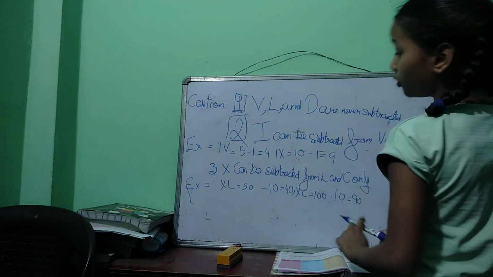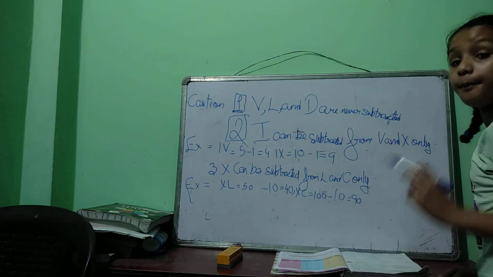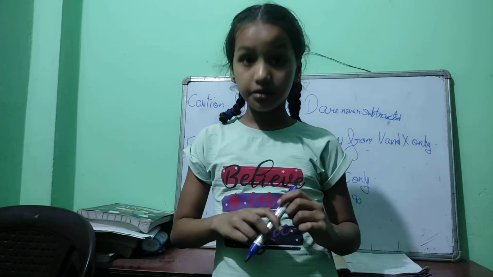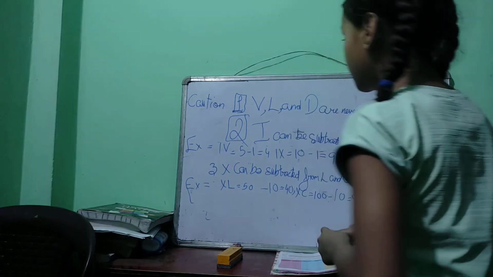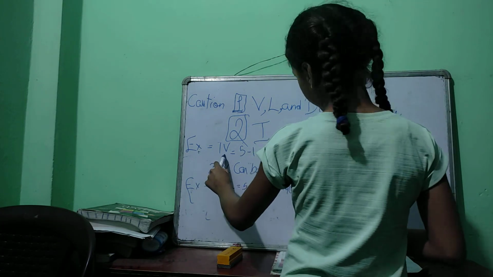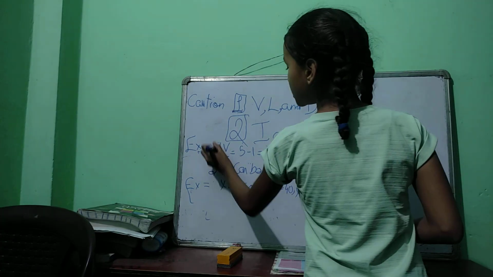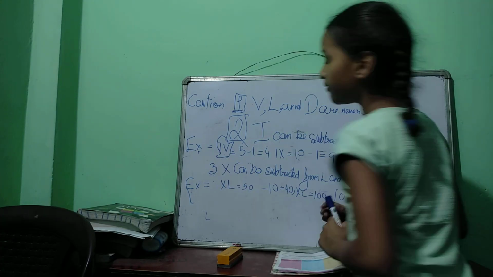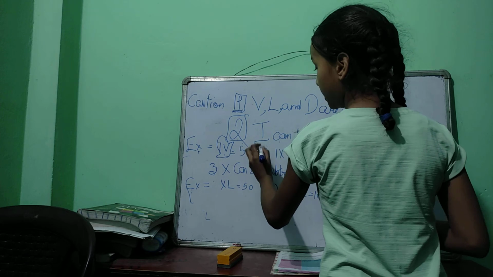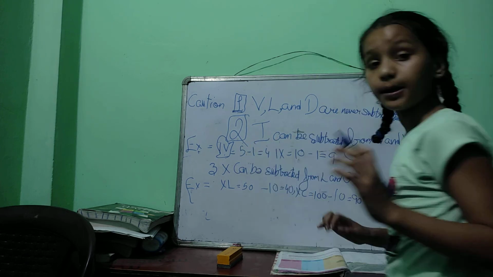You have to remember this. It can come in our exam questions. Example, V is equal to 5. Now, we will minus 1, it will remain 4. IV is 4.